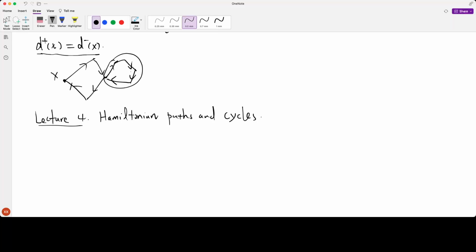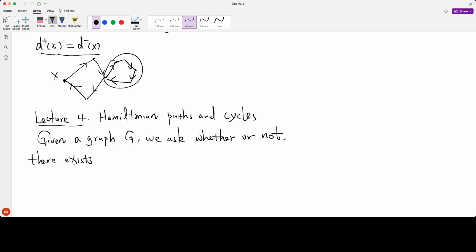Okay, so given a graph G, we ask whether or not there exists a cycle or a path.